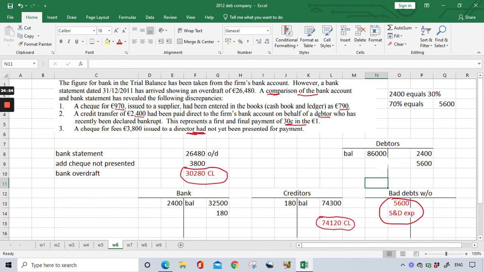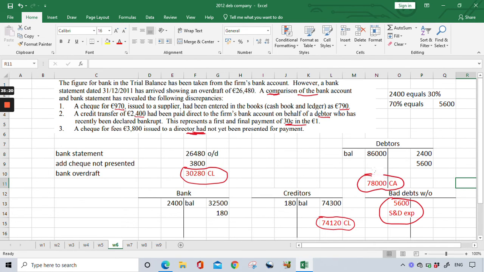So I'm basically going to take a shortcut here. It's going to be 86,000 minus 2,400 minus 5,600. It's going to be 78,000 current asset. Okay, so I took a bit of a shortcut balancing that, but I still have all the figures, and I'm going to circle that.